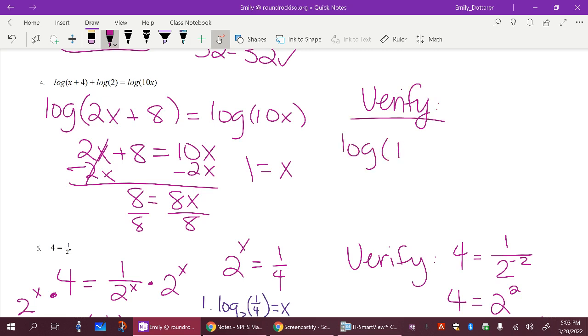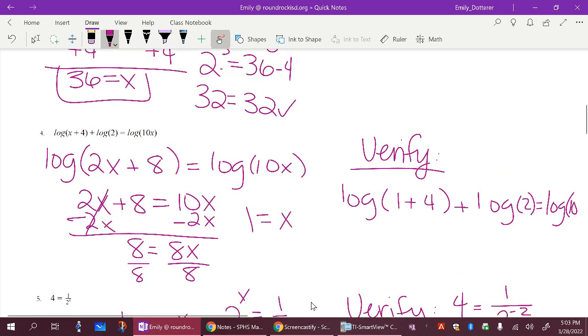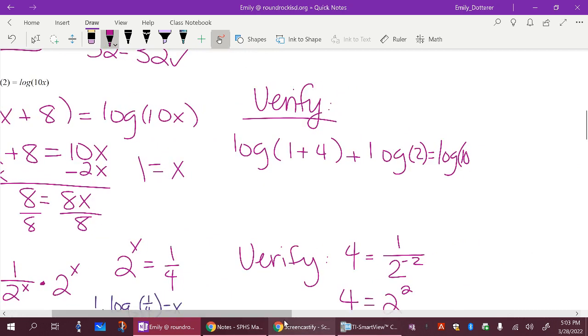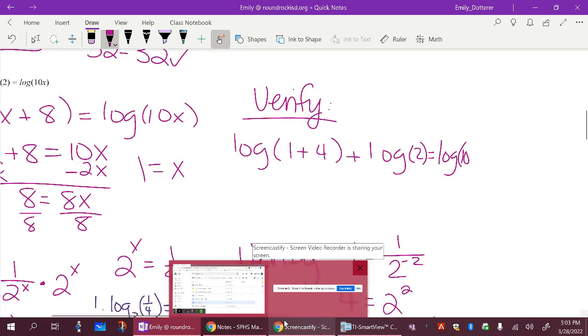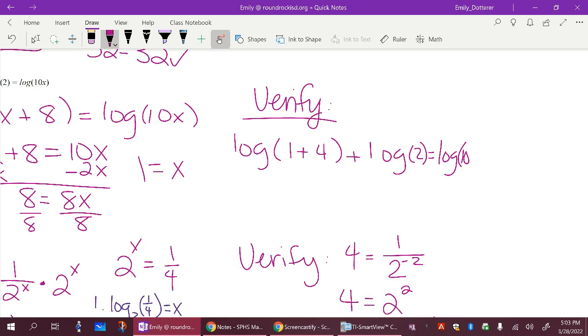So we've got the log of 1 plus 4 plus the log of 2 equals the log of 10 times 1. Okay. 1 plus 4 is 5. 10 times 1 is 10.